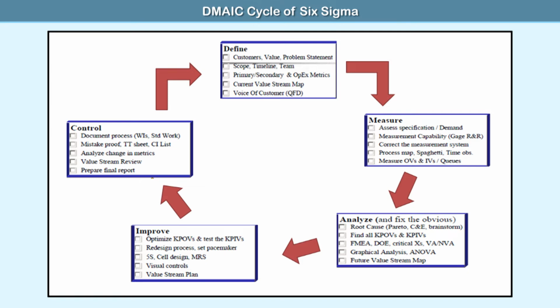DMAIC cycle of 6 sigma. D stands for define: customers, value, problem statement, define scope, timeline, team, primary or secondary, current value stream map, voice of customer.